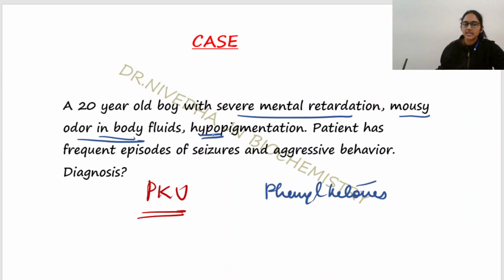When there is reduced phenylalanine conversion to tyrosine, then there is reduced melanin, so hypopigmentation is what you get. And severe mental retardation, because increased accumulation of phenylalanine in the circulation is responsible for severe mental retardation, other episodes of seizures and aggressive behavior.